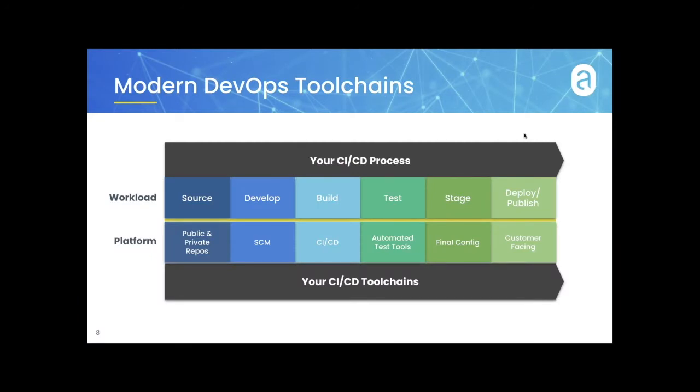So to get started, I just wanted to go over a general overview of what a modern DevOps toolchain looks like. And it sounds like from the polling questions, many here who are working with containers might already be familiar with this, but just to set the stage about where SBOMs really fall into the DevOps toolchain story, it goes back to how these processes work in modern organizations.